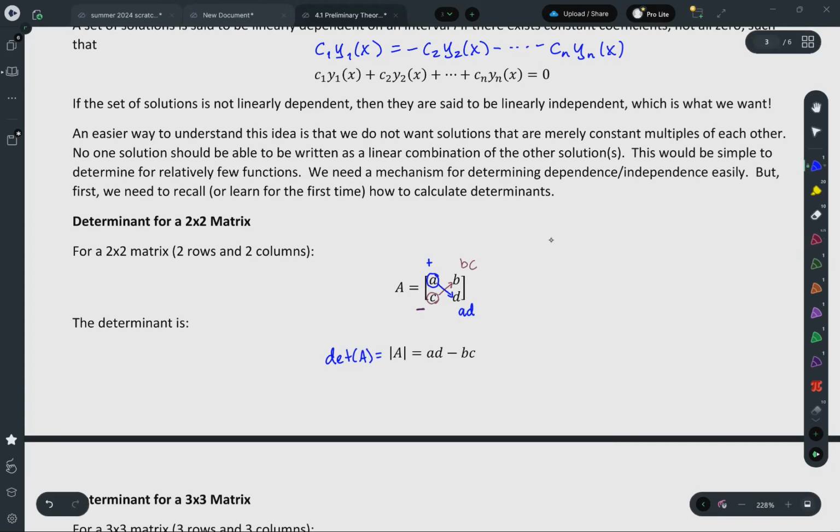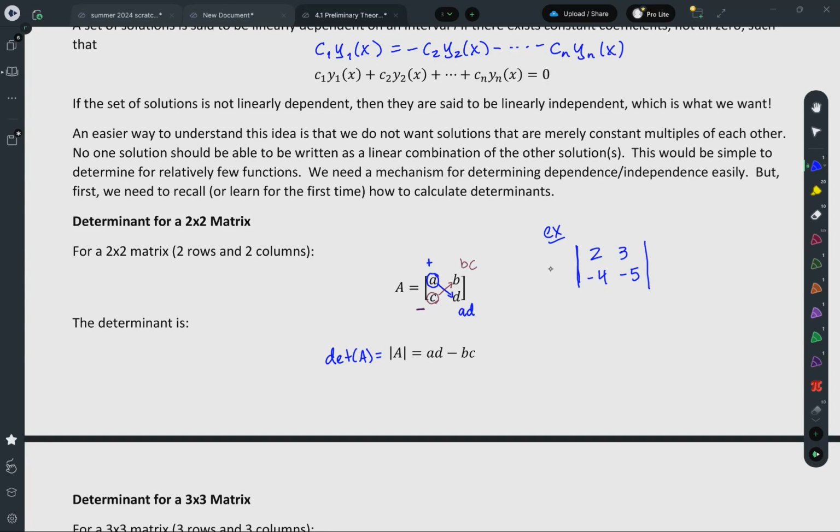So if I had something, for example, let's see, I'm going to do numbers for now. Let's say I had 2, 3, -4, -5, something like that. I've already put in the bars to show that I'm going to calculate the determinant.